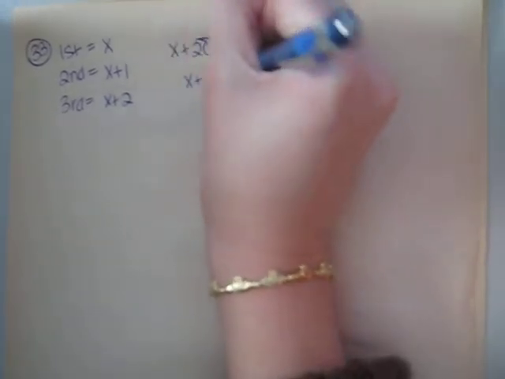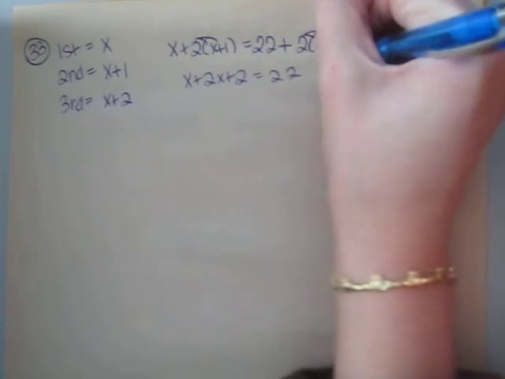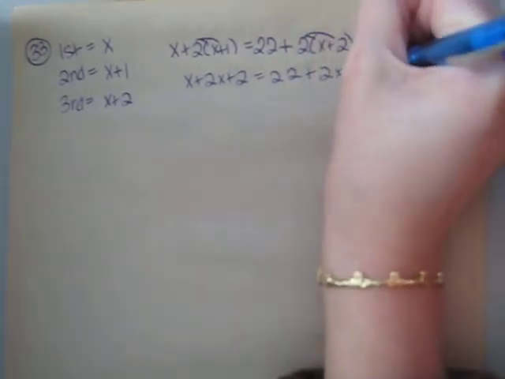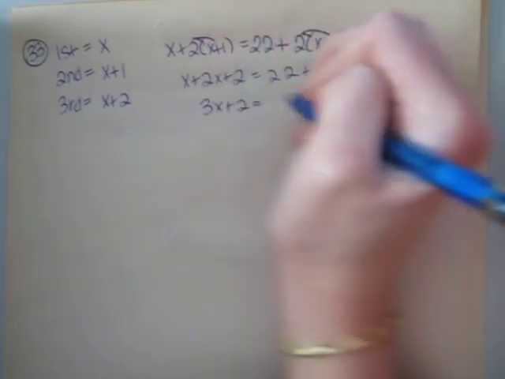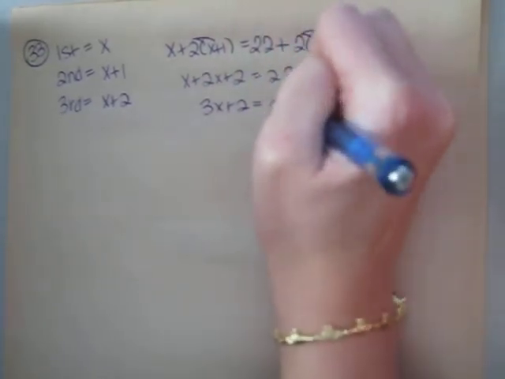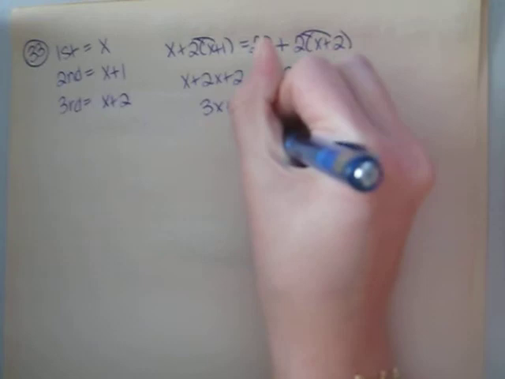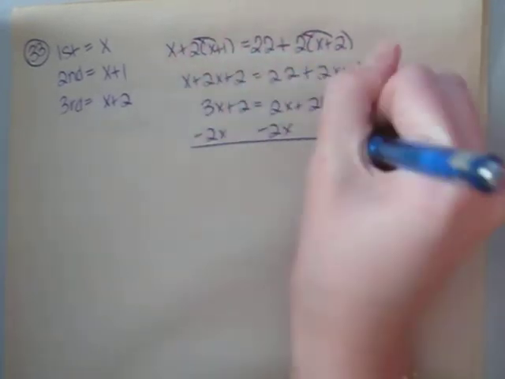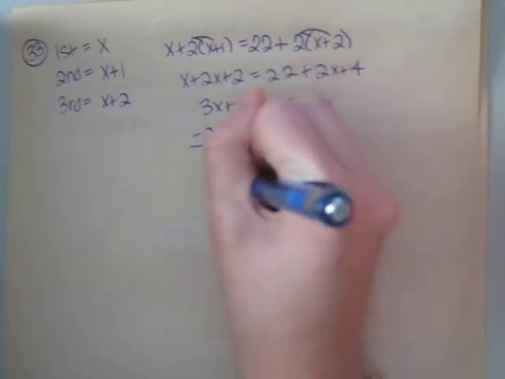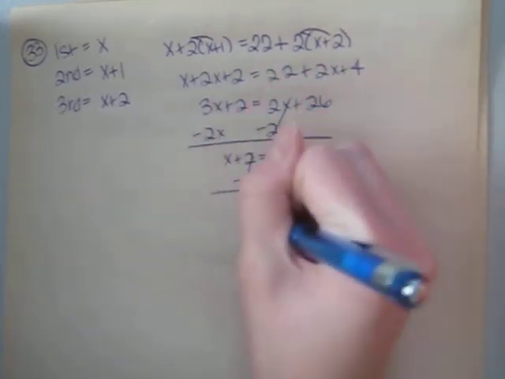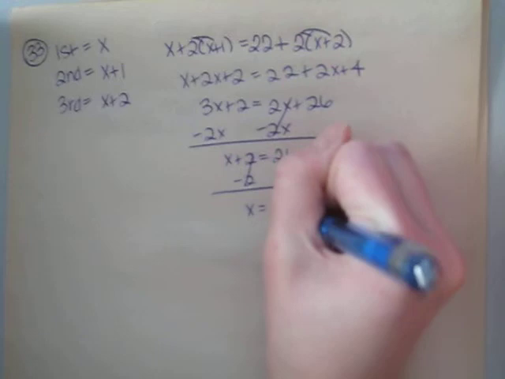Distribute, distribute. x plus 2x plus 2 equals 22 plus 2x plus 4. Combine like terms on both sides. Solve for x. Subtract 2x first. I get x plus 2 equals 26. Subtract 2 on both sides. I get x equals 24.